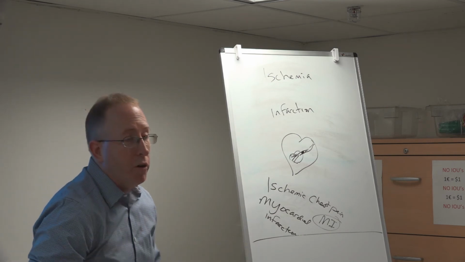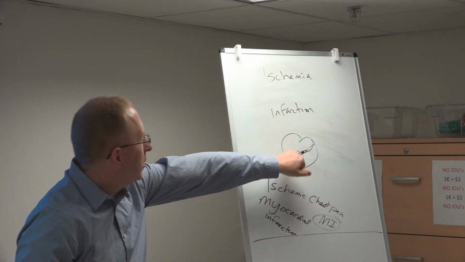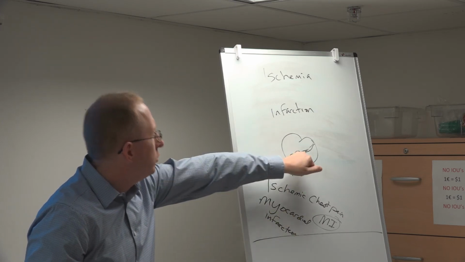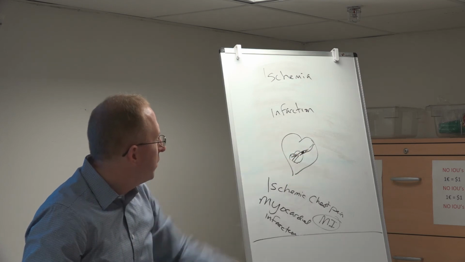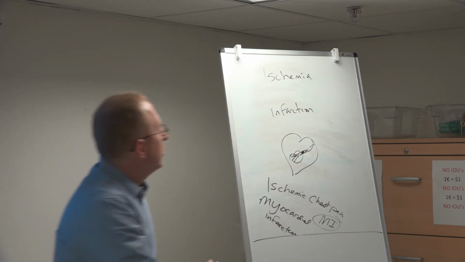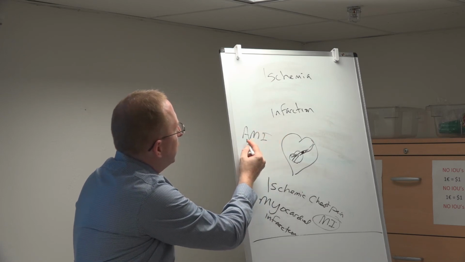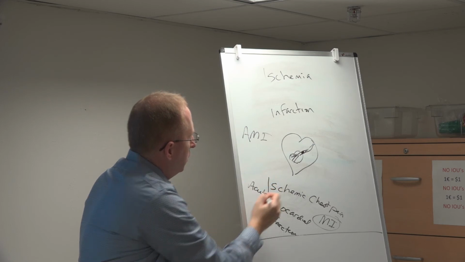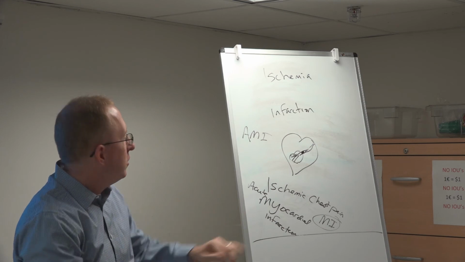The lay term for that is heart attack, right? So myocardial infarction just basically means that area of the heart muscle has died, generally because of a little blockage in the vessel. Sometimes you'll hear AMI. A means acute myocardial infarction. Acute, of course, means suddenly or within a very short period of time.